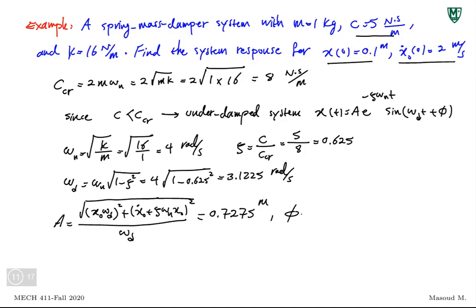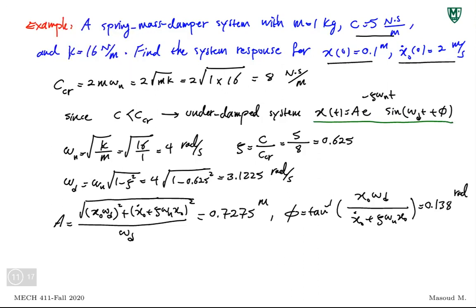And I can find phi as well. Tan inverse of x naught omega d divided by x naught dot plus zeta omega n x naught. Plug in the values, you know everything you need. You already calculated that. Phi becomes 0.138 radian. So you plug all these back into the equation of motion, the system response.